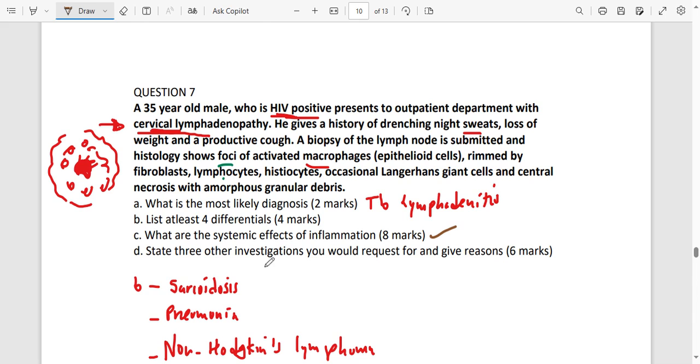So I've even mentioned some of them already. The effects of inflammation: there's going to be fever, weight loss, night sweats, fatigue, leukocytosis, anemia of chronic disease, hypotension, hypercoagulability. There's also going to be an increase in the erythrocyte sedimentation rate.